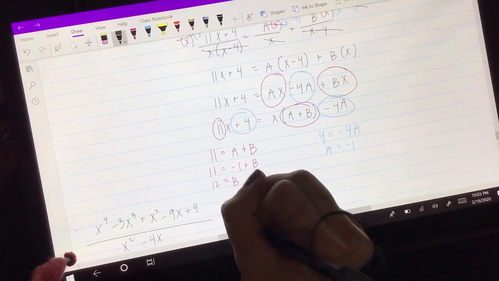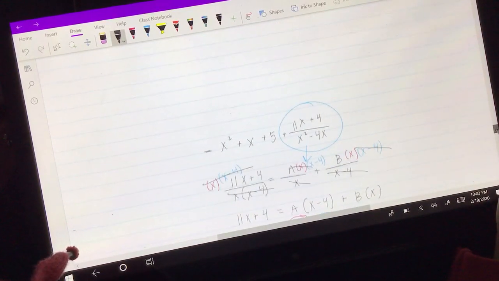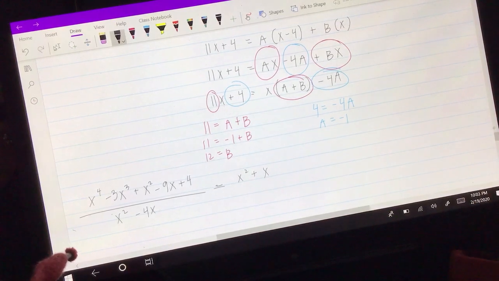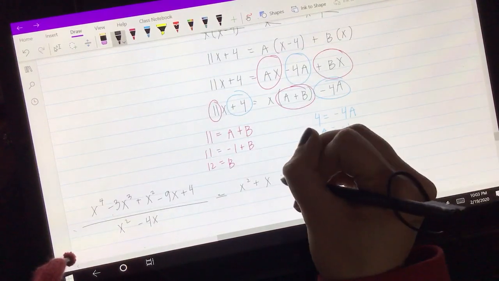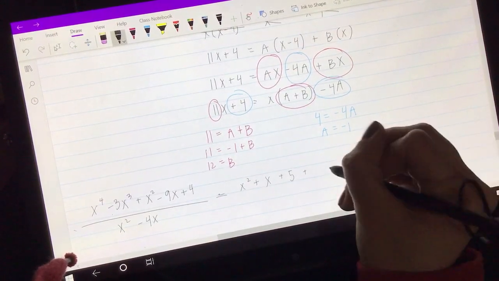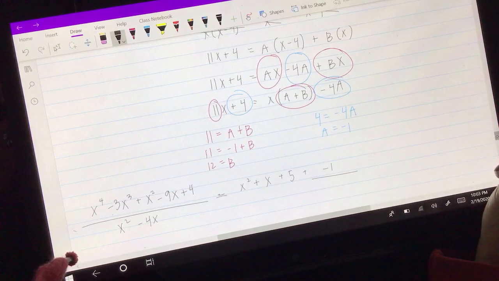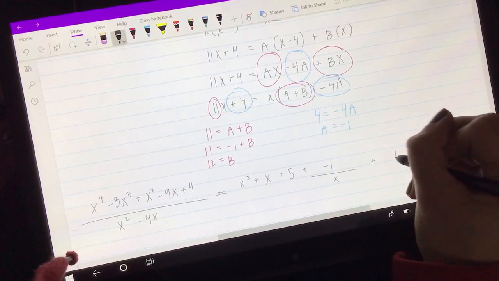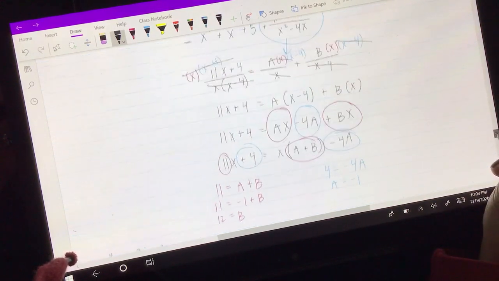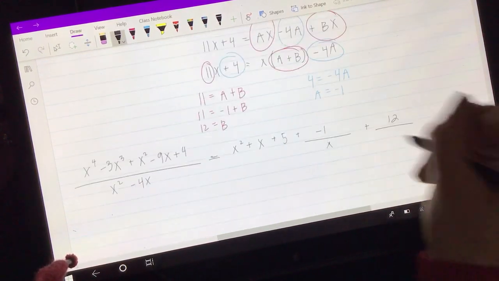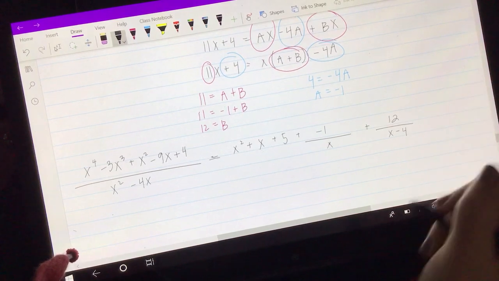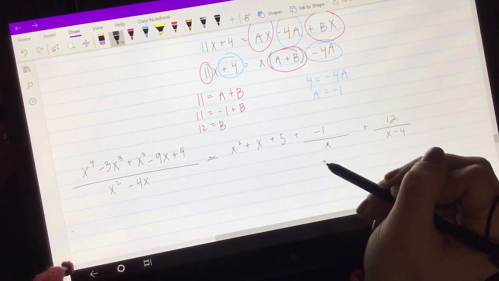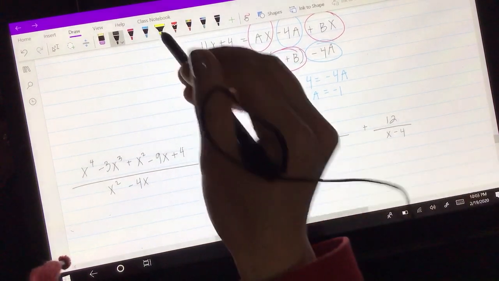Okay, equals x squared plus x plus 5 plus our a value, which is negative 1 over x, plus our b value, which is 12 over x minus 4. Remember, you could write this as minus and a positive 1 over x, but you don't really have to.